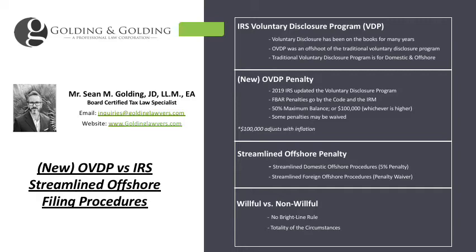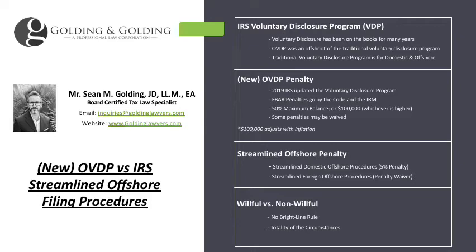Traditional voluntary disclosure is just the voluntary disclosure that has been on the books forever. New OVDP doesn't refer to a new OVDP program. It refers to the updated version of the traditional voluntary disclosure program, which is a mouthful. Saying new OVDP is just easier.